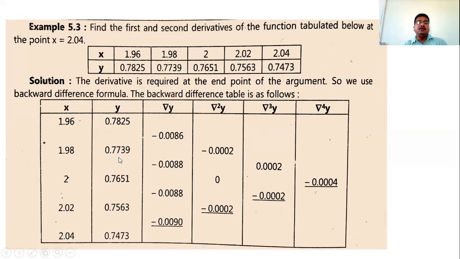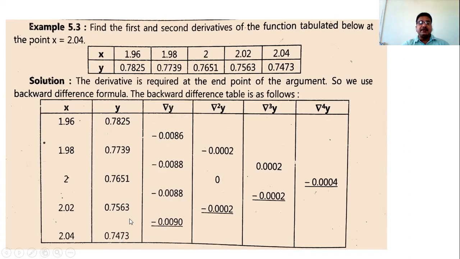So what is the backward difference table? The first column has the values of x, that is the first row as the first column, and the second column has the values of y. Then del y, del square y, del cube y, del raised to 4y, and then find these entries. This minus this is at this place, then this minus this at this place, then this number minus this number at this place.